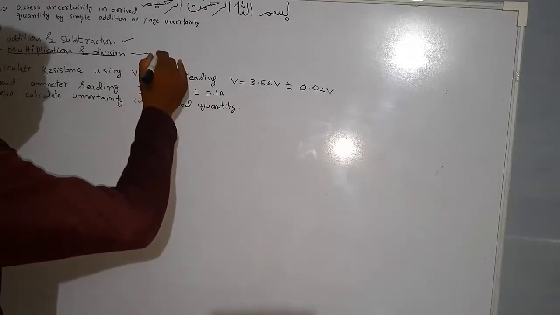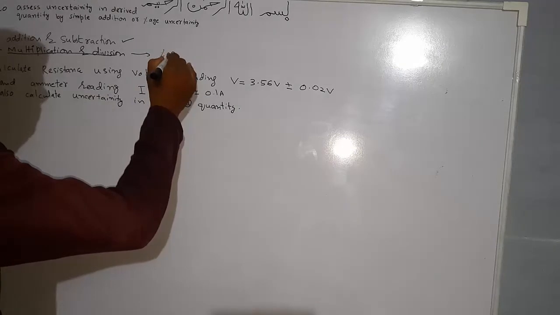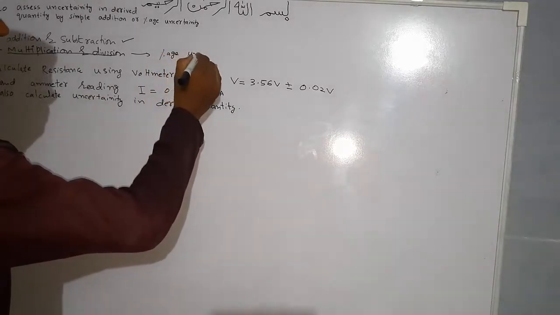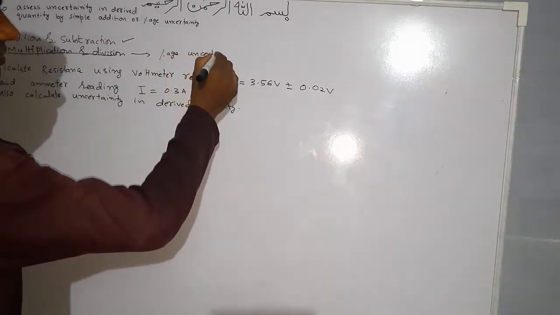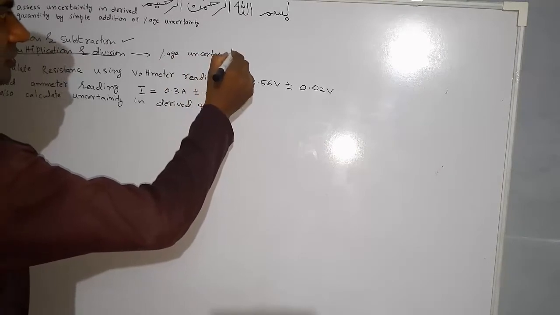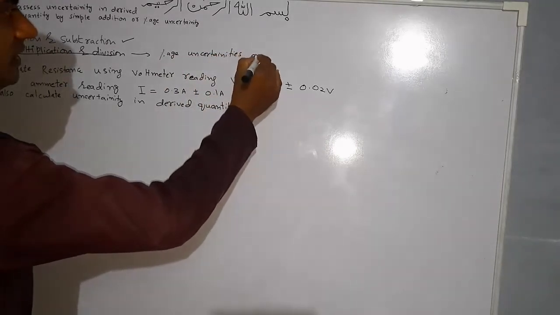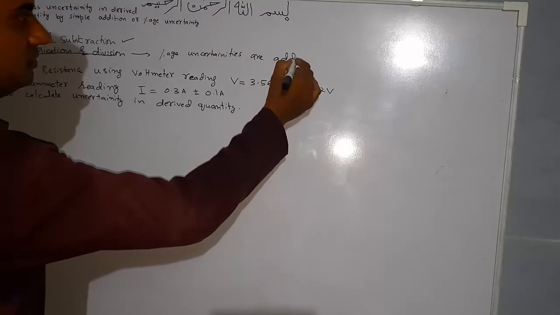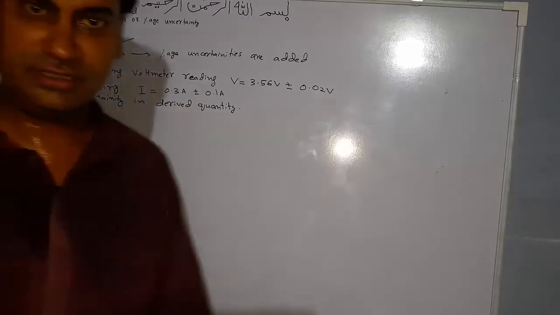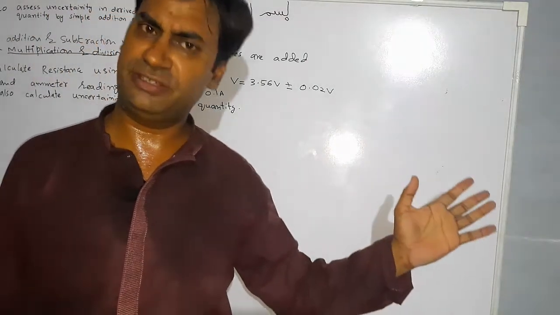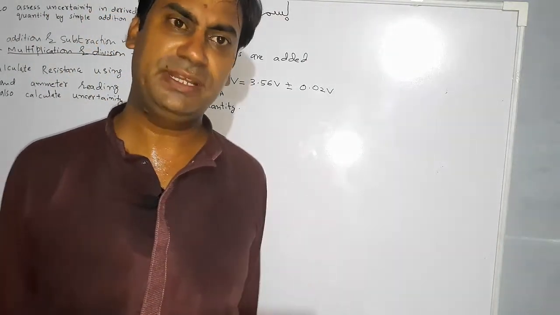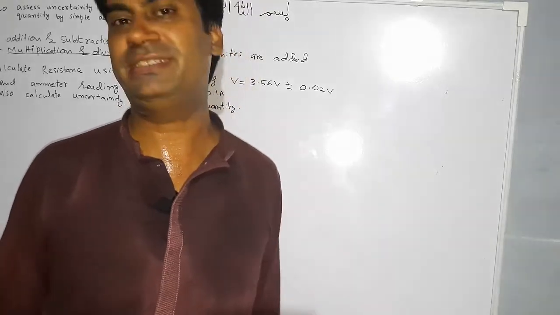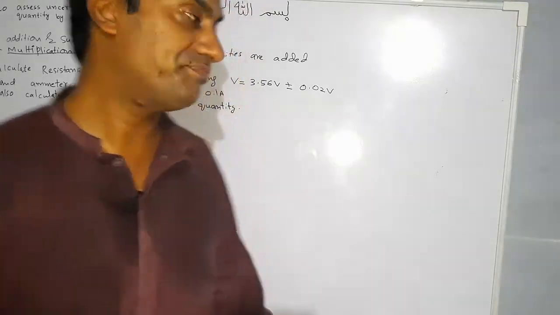The rule says that the percentage uncertainties are added. And the rule is the same for multiplication and division, just like we did for addition and subtraction.